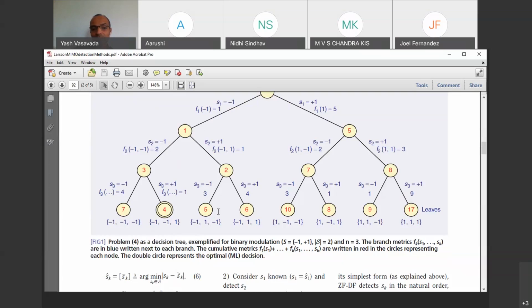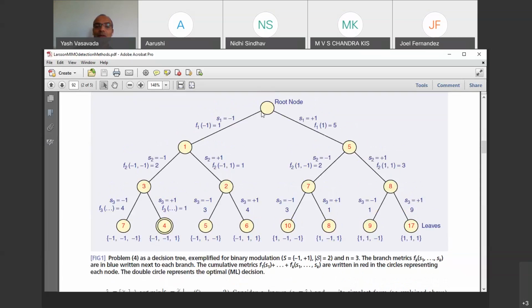And the problem of error propagation in this successive interference cancellation or its alternate form, which is this decision feedback, becomes very clear here. See, the first decision it made is correct.